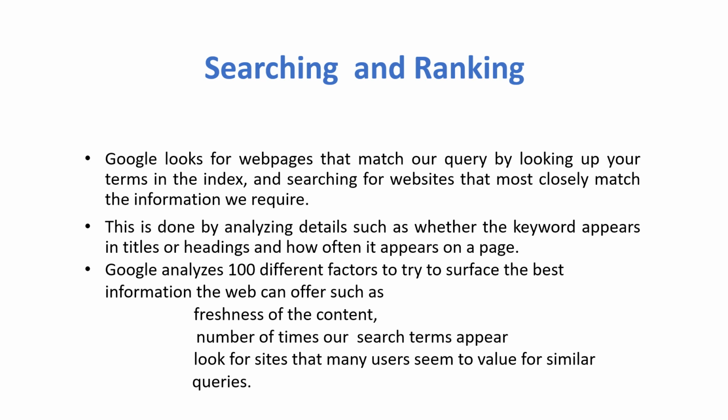And the number of times our search terms appear in the web page, the query frequency. This information should, of course, be already loaded in the index database. That's how this ranking scheme can work perfectly.